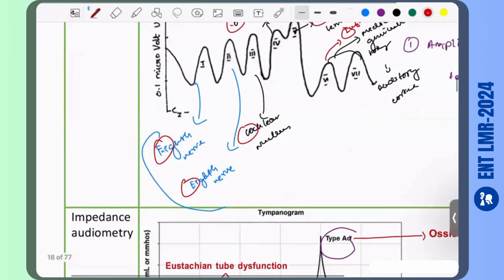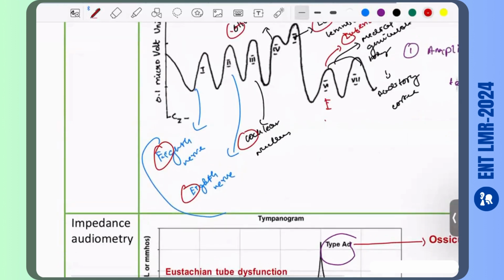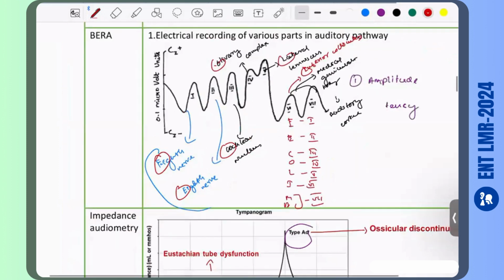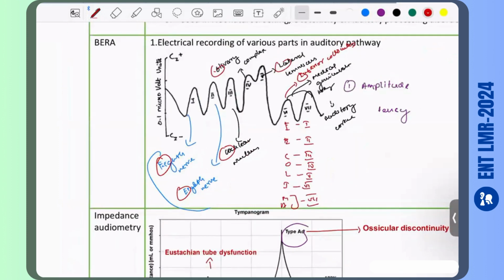So the mnemonic is E-COLI-MA: E for wave 1 and wave 2, cochlear nucleus for wave 3, olivary complex for wave 4, lateral lemniscus for wave 5, inferior colliculus for wave 6, and medial geniculate body for wave 7. Okay, so this is BERA, electrical recording of various parts of the auditory pathway.